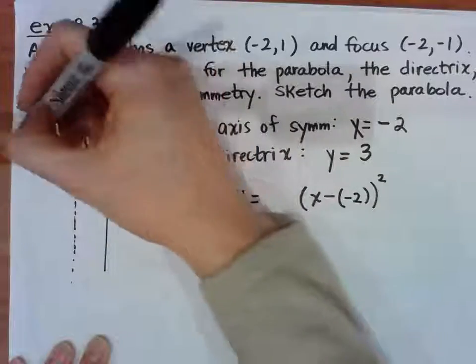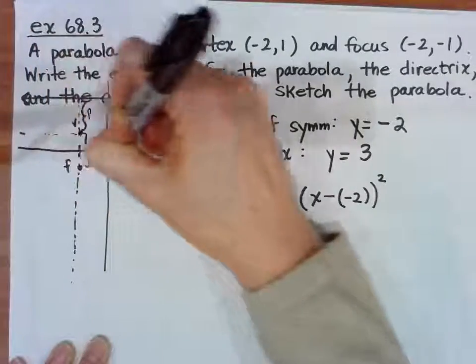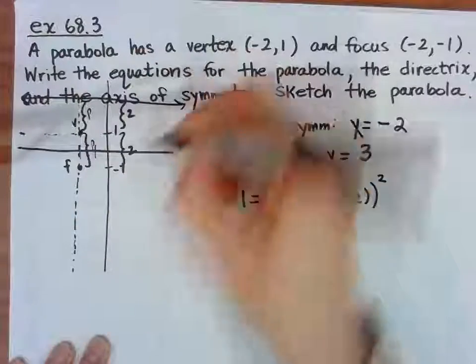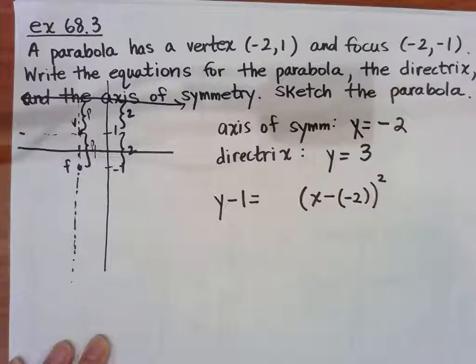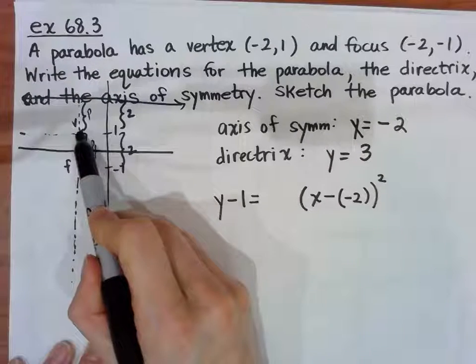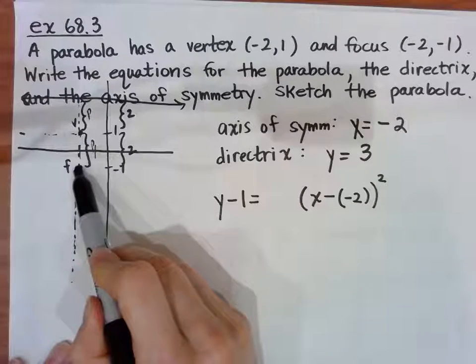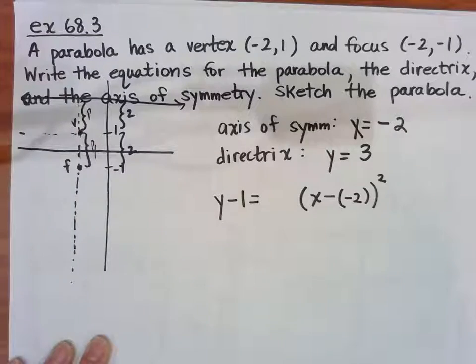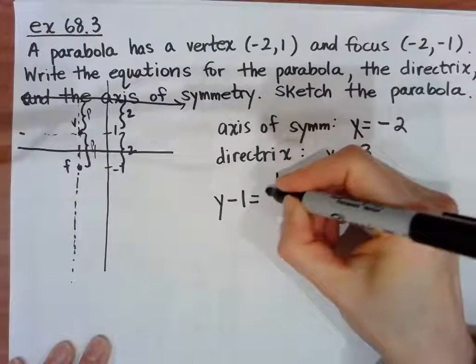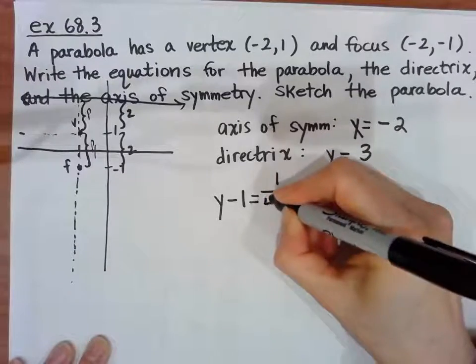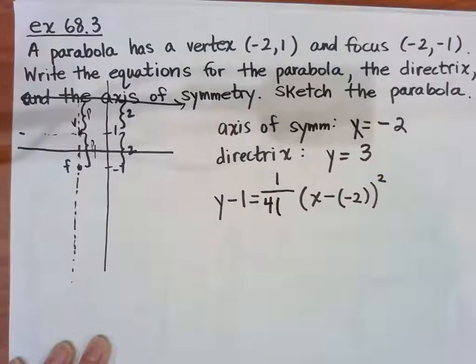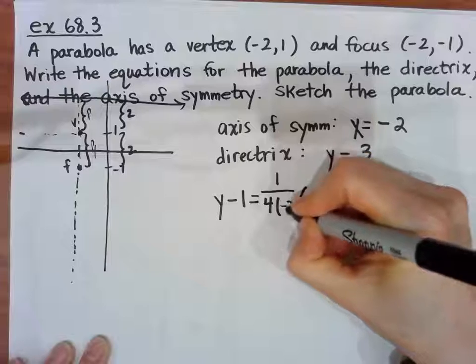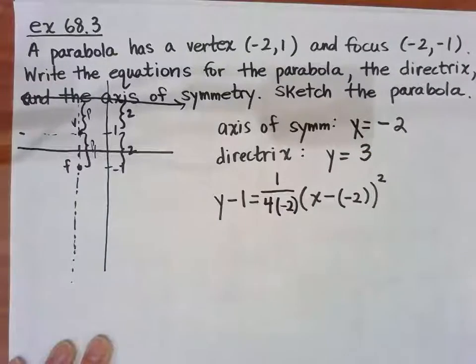If we made this our new, translated origin, from that origin, the focus would be at 0, -2. So the value has to be a -2. So we have 1 over 4p. P is -2. So we can stick that in there.